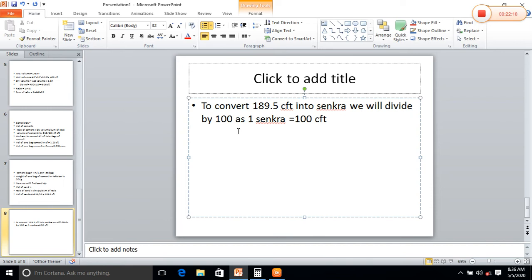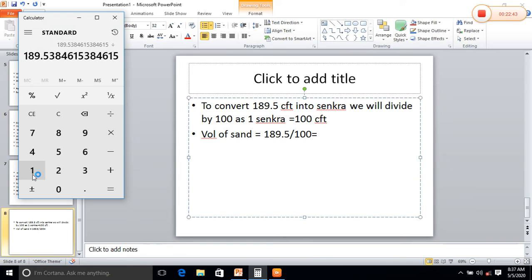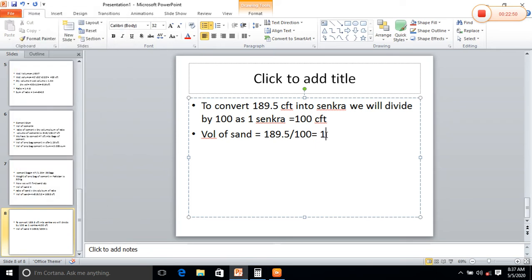So sand is equal to 189.5 divided by 100, which is equal to 1.8 sekla.